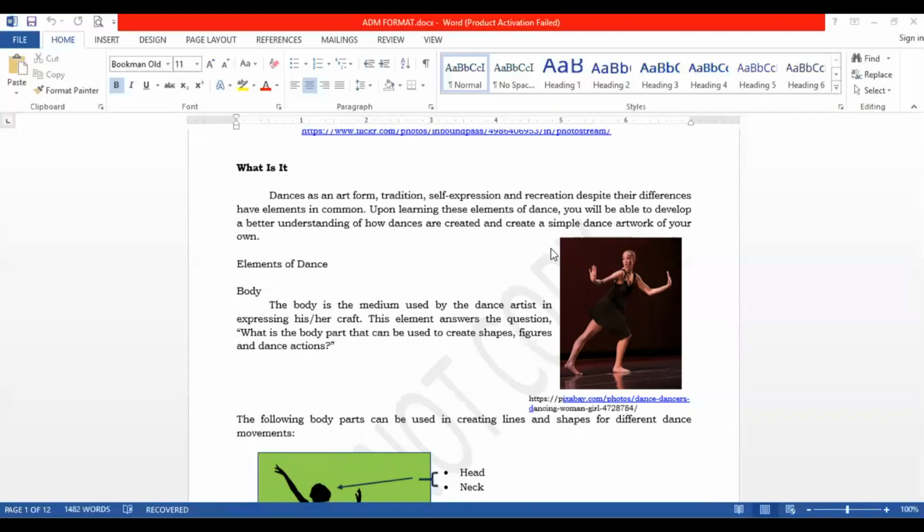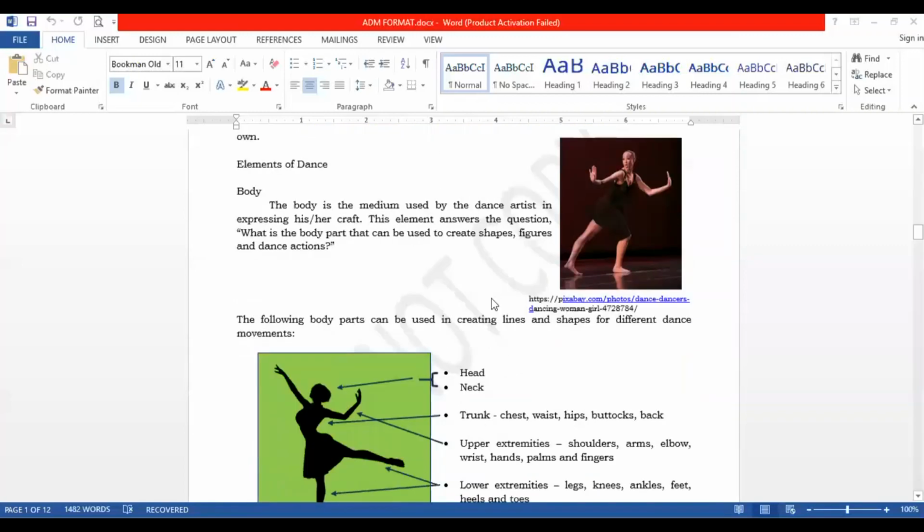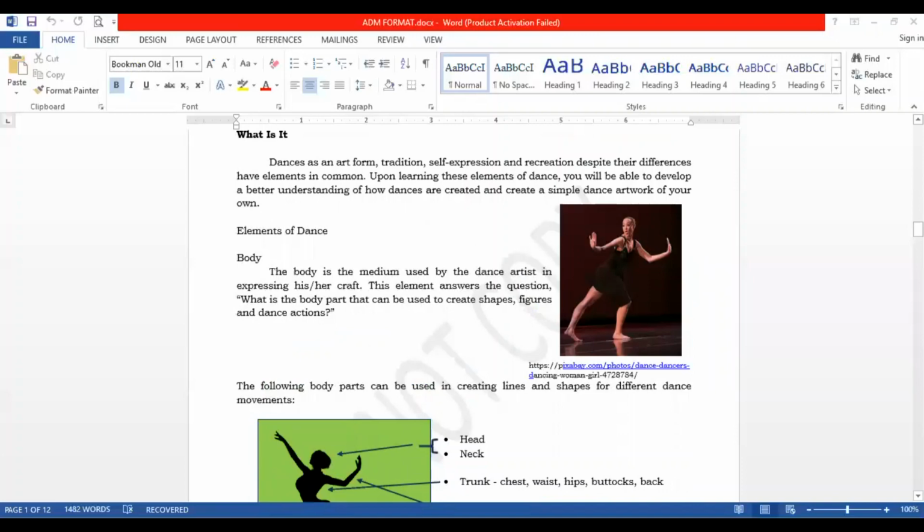So, dito nag-focus lang ako sa elements of dance, no? Para guided ang bata at hindi malito. So, from the activity, pina-activity ko sa kanila yung identification of the different body parts.